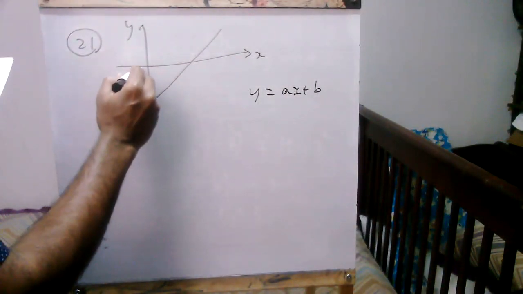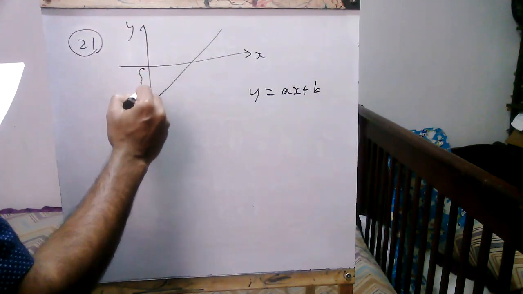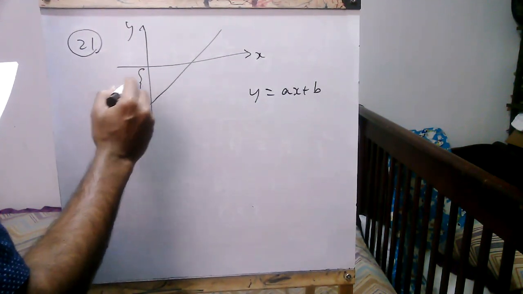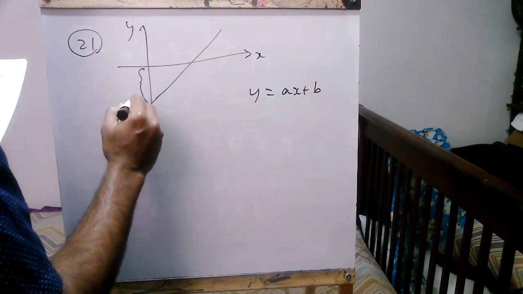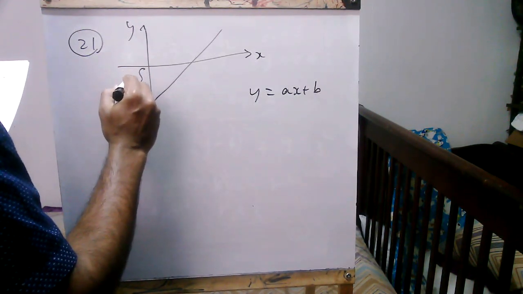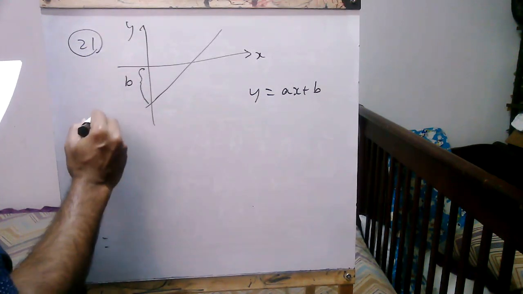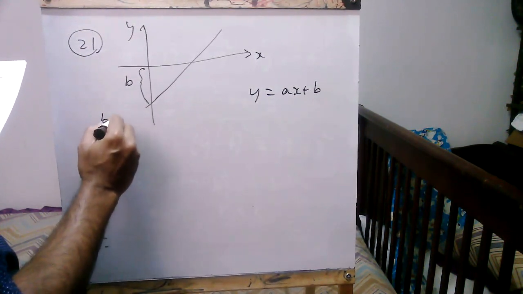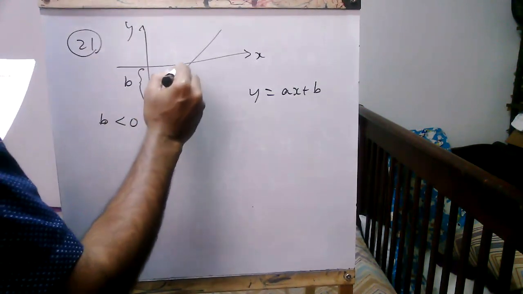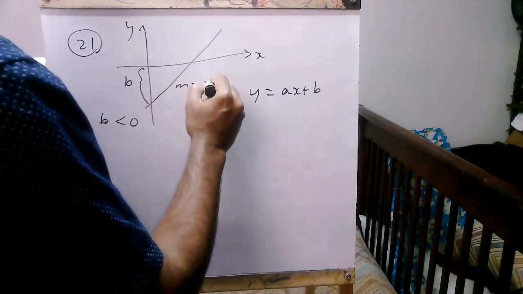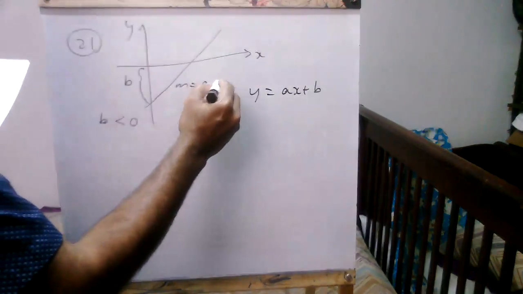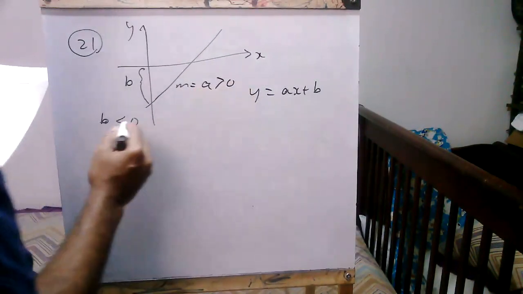Clearly b is this, the y-intercept. That means b is less than 0. A is the slope, m equals a. It is increasing, therefore it is greater than 0.